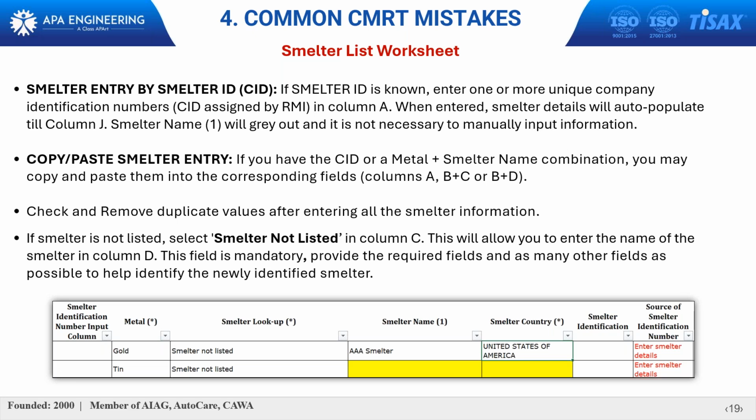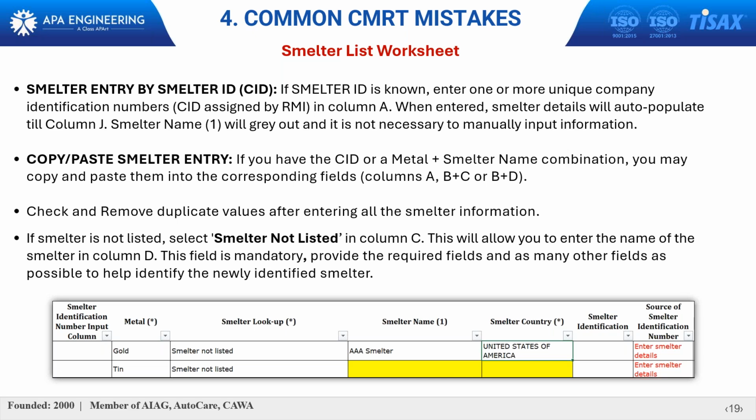And next method will be copy paste of smelter entry. If you have a list of smelter IDs or a combination of metal and smelter names, you are permitted to copy and paste them into the appropriate fields. And after entering all the smelter information, ensure to verify and eliminate any duplicate smelters.